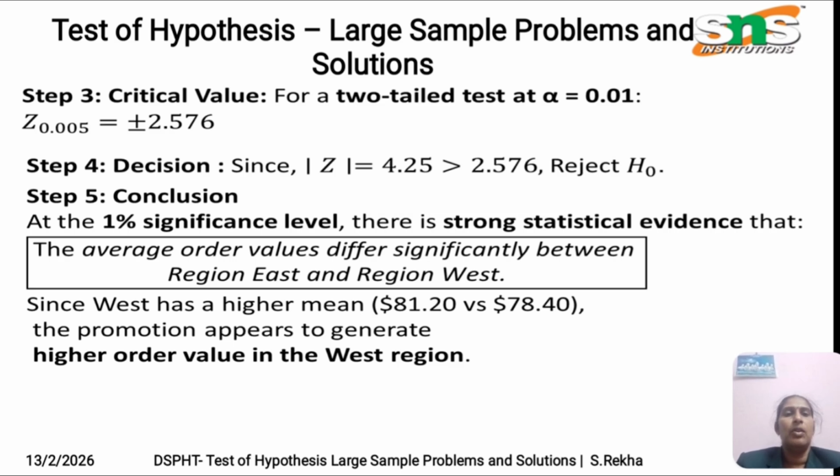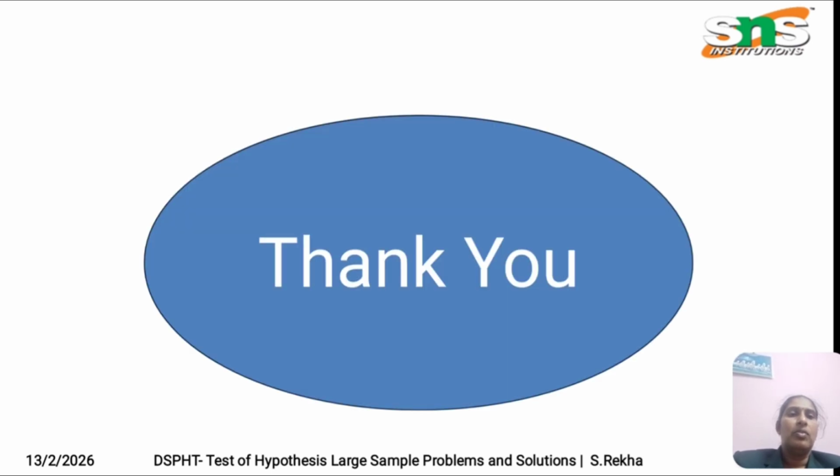You can keep these values, or otherwise see them from the normal distribution table, or remember the 1%, 2% and 3% levels. So you can conclude that there is strong evidence that the average order value differs significantly between the east region and the west region.